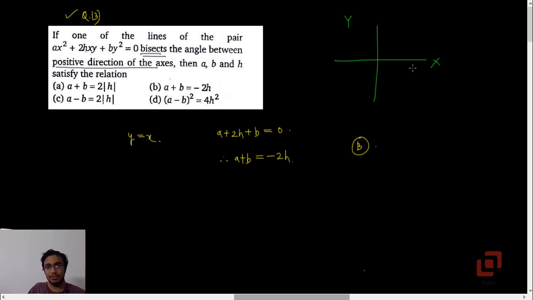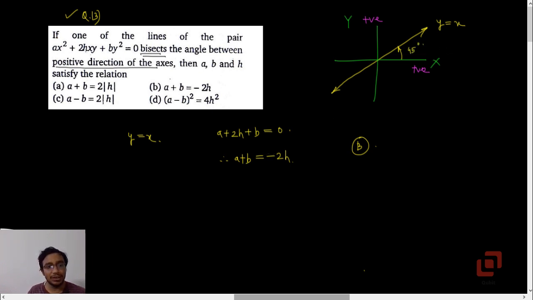Now positive x direction is towards right, and positive y direction is vertically upwards or towards north, which means the line must be y equal to x, because its inclination is 45 degrees.